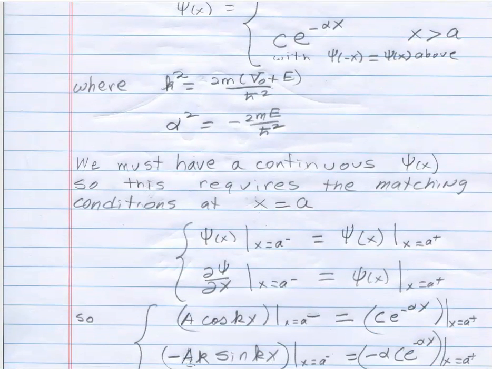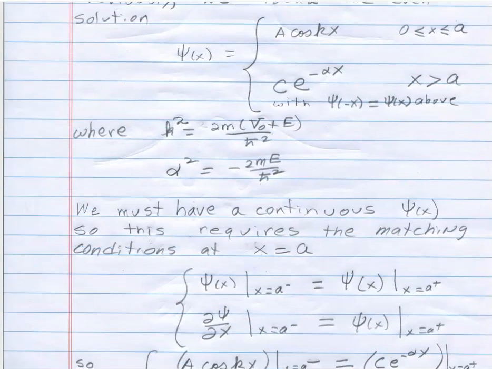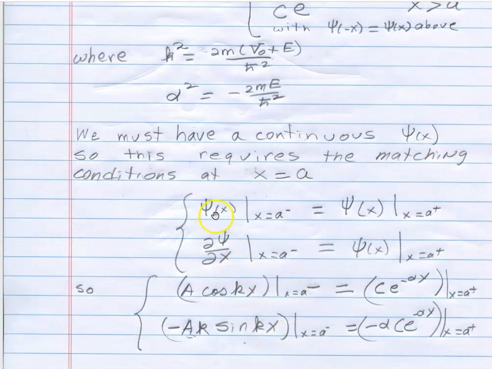And we've got our solutions up here. For psi on the left side, it's just a cosine kx evaluated at x equal a minus, and that has to equal psi evaluated on the right-hand side of a, which is this, evaluated from a positive. Then likewise for the derivative: if I take the derivative of a cosine kx, I get minus a k sine kx.